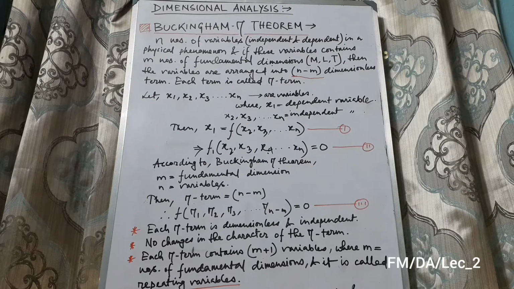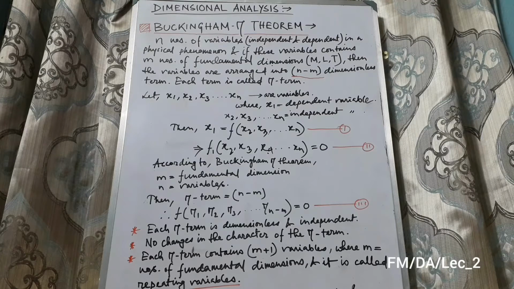Let x1, x2, x3 ... xn be the variables involved in a physical problem, where x1 is the dependent variable and the other variables, that is x2, x3, x4 ... xn, are all independent variables.